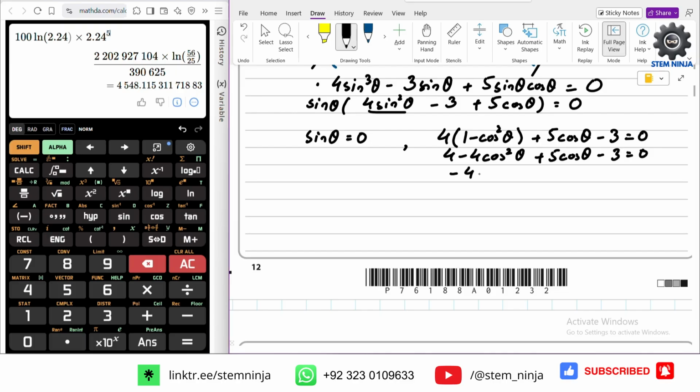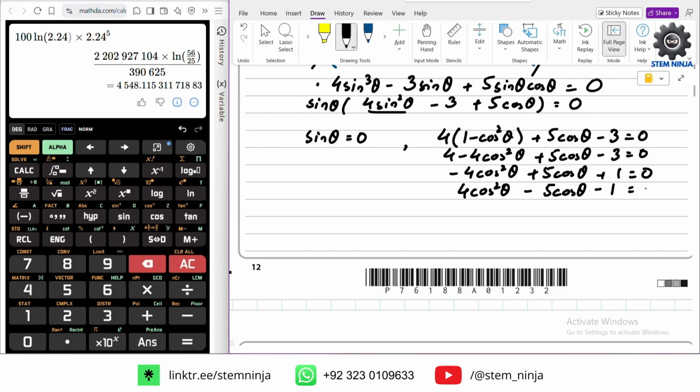So this becomes minus 4 cos squared theta plus 5 cos theta, and 4 minus 3 is plus 1. So this can be written as 4 cos squared theta minus 5 cos of theta minus 1 equal to 0. Now we need to solve these two equations.